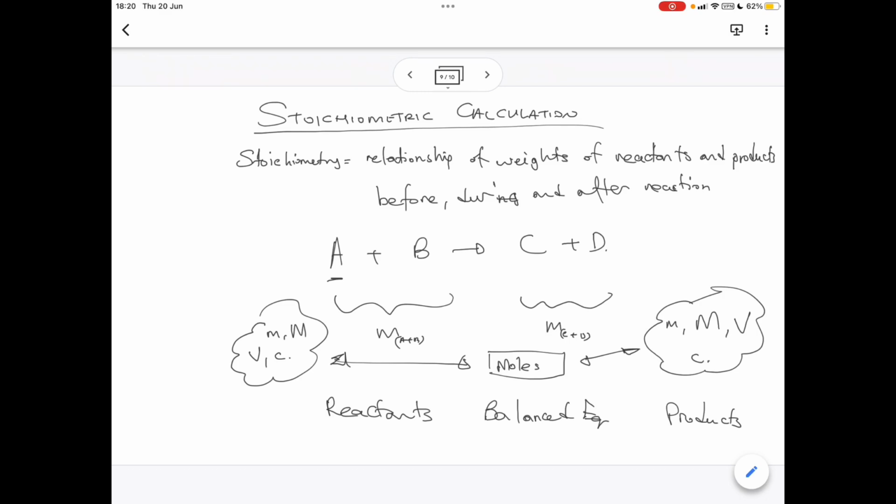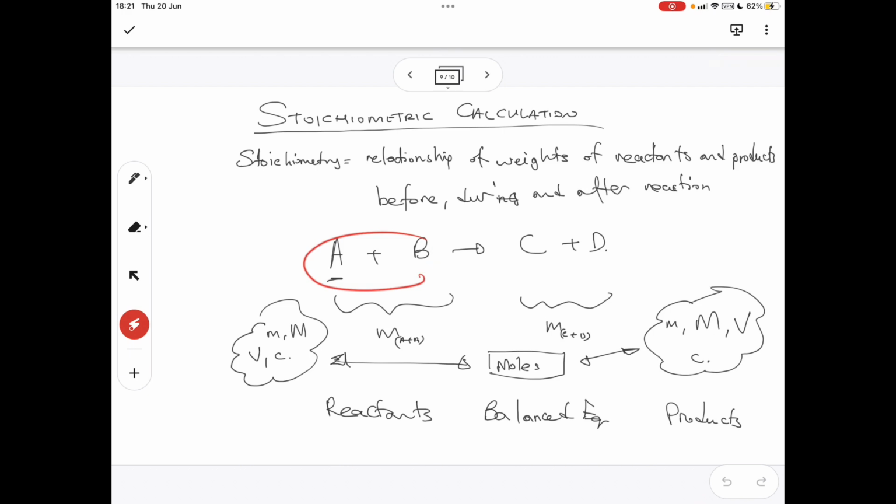Last time with stoichiometric calculations, stoichiometry is the relationship of the weights or masses of reactants. So how heavy the reactants are, whatever you add into your chemical mixture for a reaction, and the weights of the products, whatever you get after the reaction.